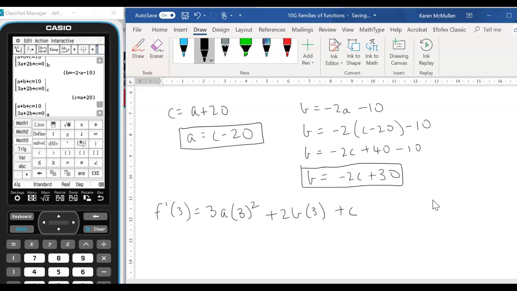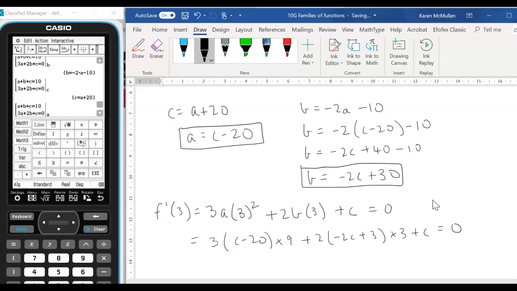All right, and we know that has to equal 0 because it's a stationary point. Now, the reason why we've got in the previous question a and b in terms of c is now I can substitute them back into the equation. So instead of having 3 times a, I can just write 3 times c minus 20. And then I've got 3 squared, so we can times by 9 as well. Probably should have tidied up a bit before I did this, but anyway. Times 3 plus c is equal to 0.